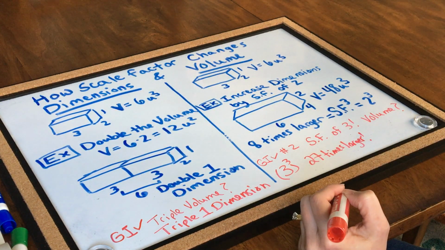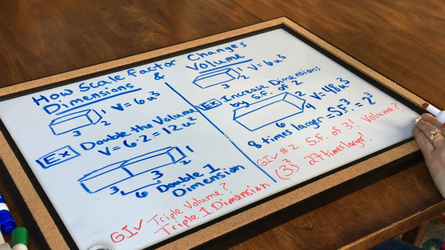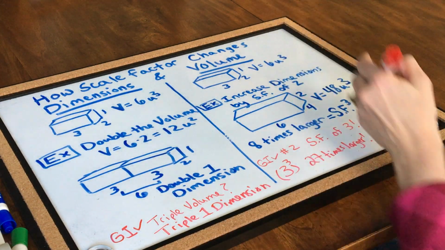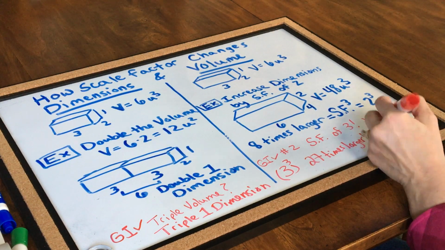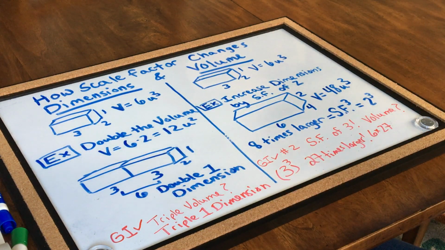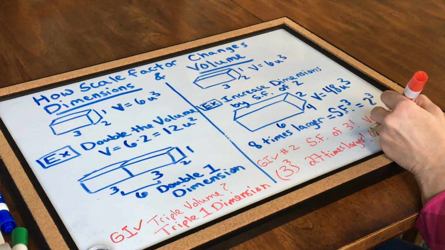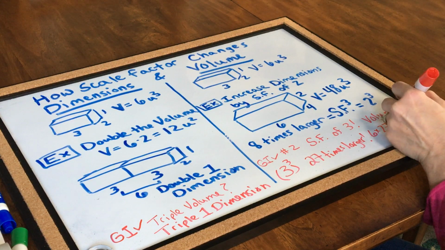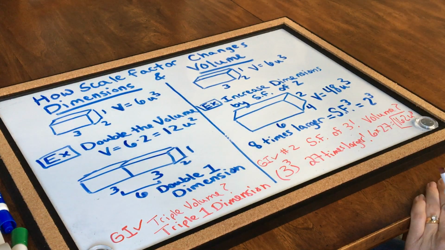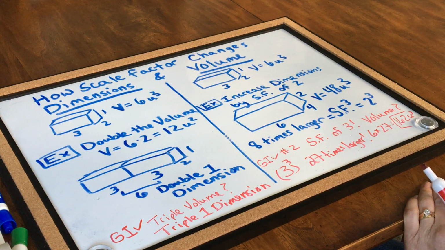That's pretty big. So let's see what that turns out to be. My original volume was 6. If I multiply that by 27, because that is the scale factor cubed, my new volume is going to be 162 cubic units. That, my friends, is pretty large.